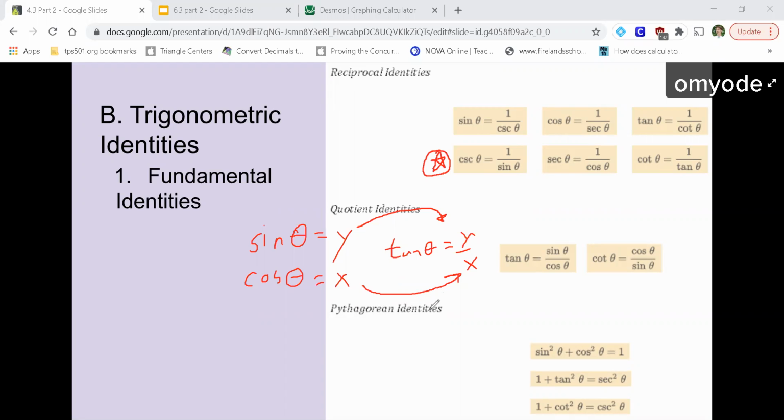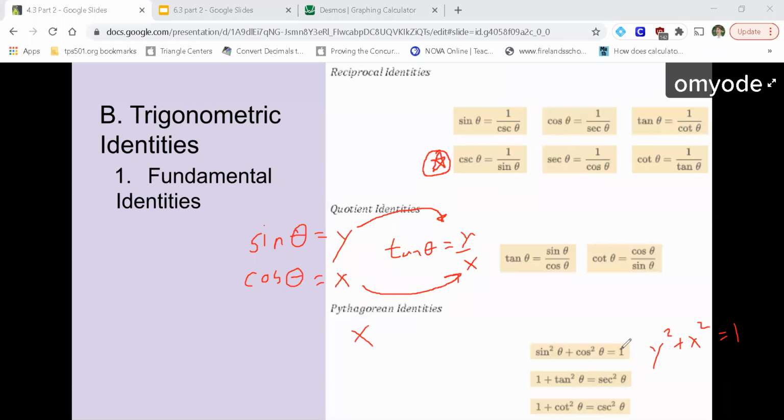The Pythagorean identities might seem new to you and strange, but actually these follow again exactly from those definitions we were using earlier. If I plug in y for sine and x for cosine, you would get y squared plus x squared equals 1, right?